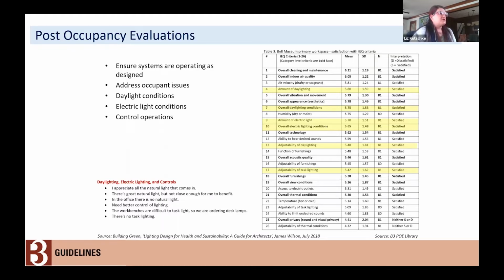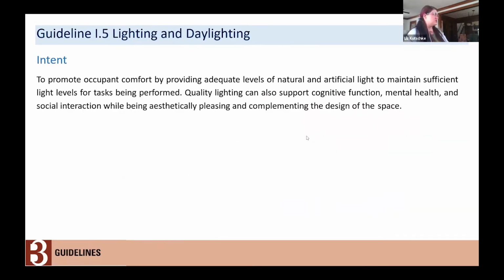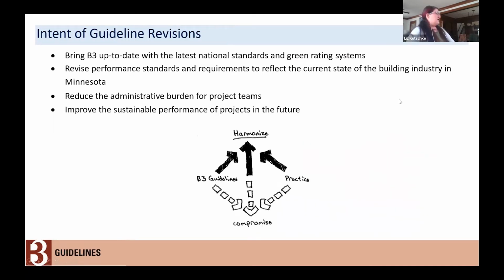So moving back to our guideline revision process here, that was the crash course. In general, we are constantly in a revision cycle of guidelines. We move through the sections piece by piece, always trying to be up to date with the latest national standards and green rating systems as codes shift and as LEED becomes more advanced.